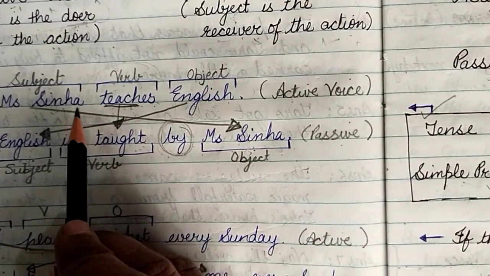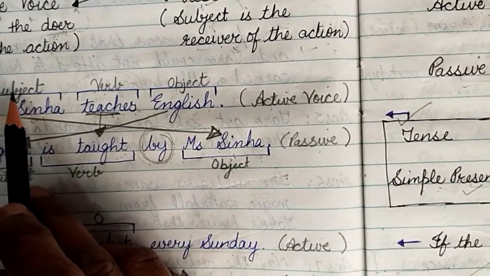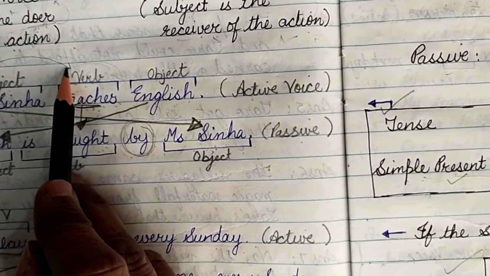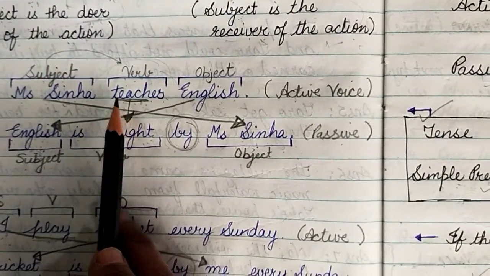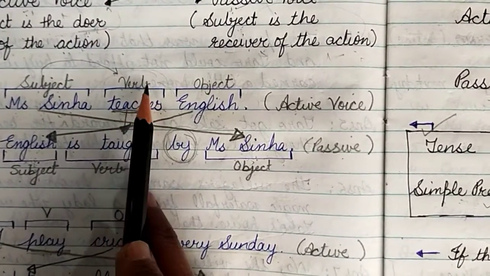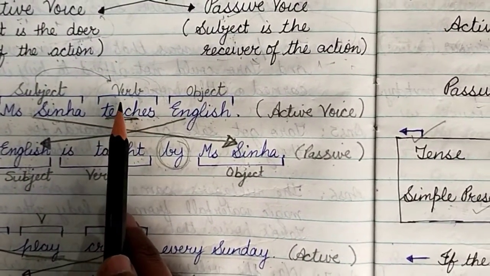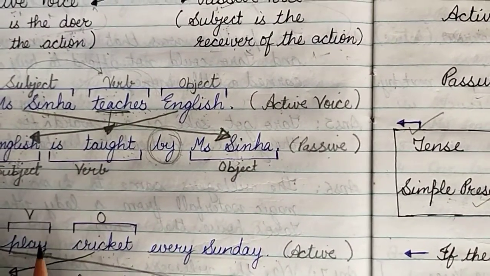This is the active voice sentence. Why active voice? Because the subject Mrs. Sinha is only the doer of the action, right? So this sentence is in active voice, and it's also in the simple present tense because the verb is used in its first form with S or ES according to the subject.